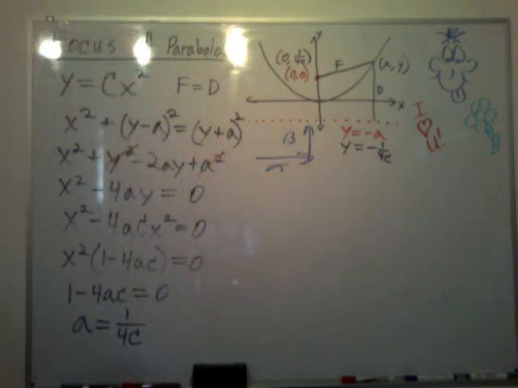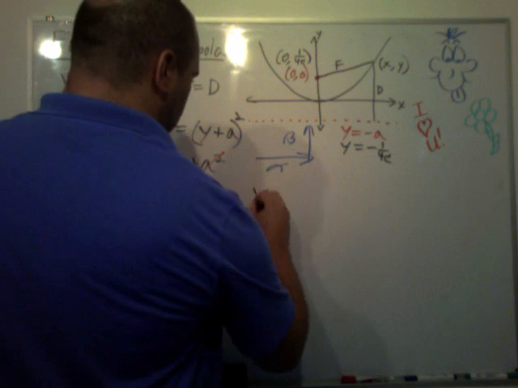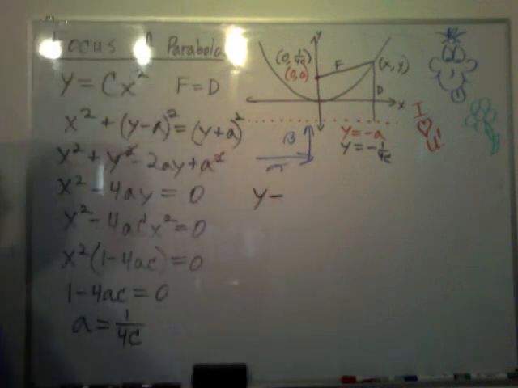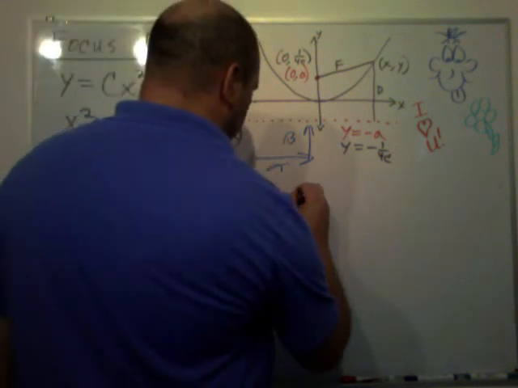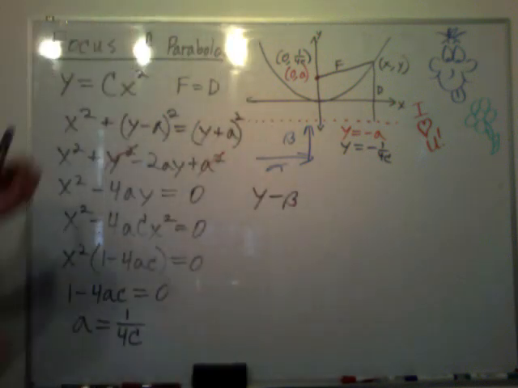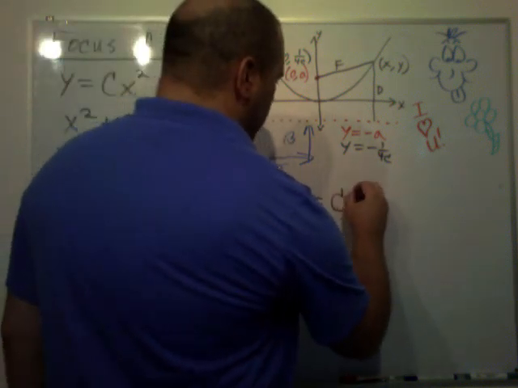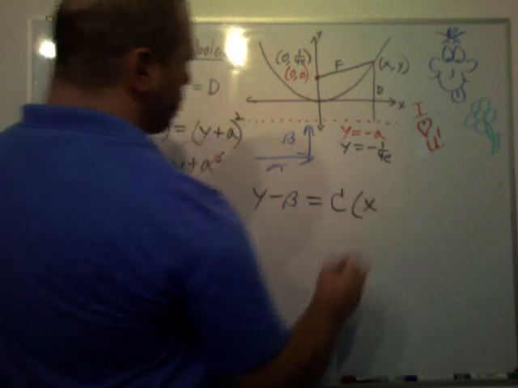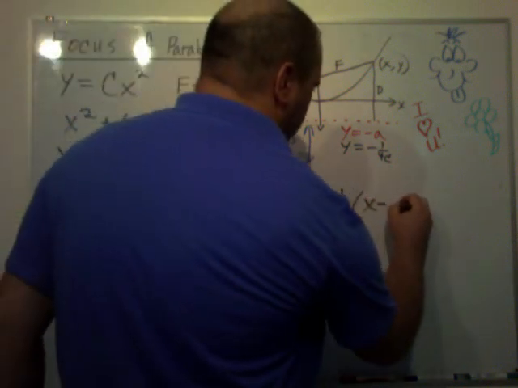What's going to happen? How are we going to rewrite this equation? We're going to write down y. And in order to shift up beta units, we have to subtract beta directly from y, and that gives us a shift of beta units in the y direction. And that's equal to c times x. And in order to shift x alpha units in the x direction, we have to subtract alpha directly from x.